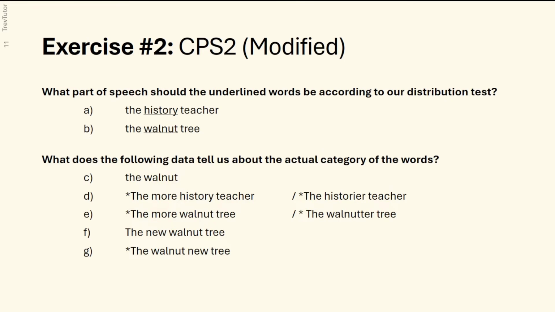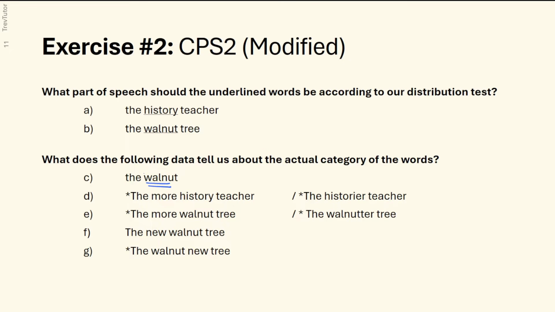Now, here's a thought question. So we have "the history teacher" and we have "the walnut tree." In these cases, we might think that they're adjectives because they're describing nouns and they appear between a determiner and the noun. But if we take a look at the data, things are a little bit different. We can say "the walnut" on its own, and we know that's a noun.